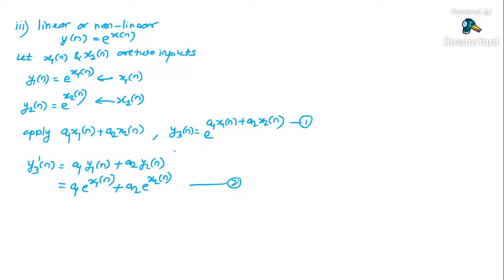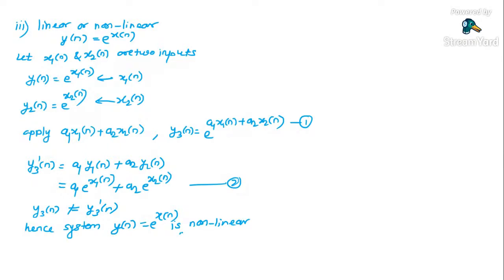Now compare both the equations. Here the whole quantity is e raised to something, but in this case a1 is multiplied with e. So those equations are not equal. So y3 of n is not equal to y3 dash of n. Hence the system y of n is equal to e raised to x of n is a non-linear system.